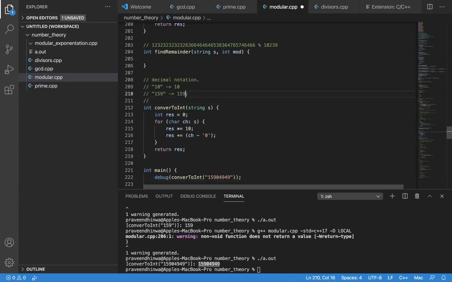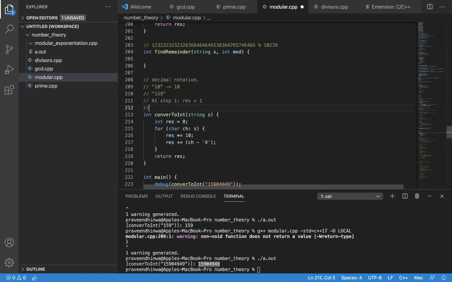Suppose your number is, let's say 1759, this is pretty large, so let's take a very small number, 159. Initially the value of reg is 0. When you enter the iteration, reg will become 0 into 10 is 0, and 0 plus 1 is 1. So at step 1, what is the value of reg? 1.